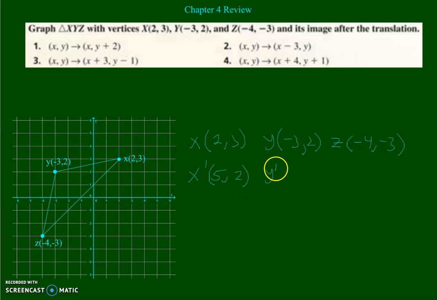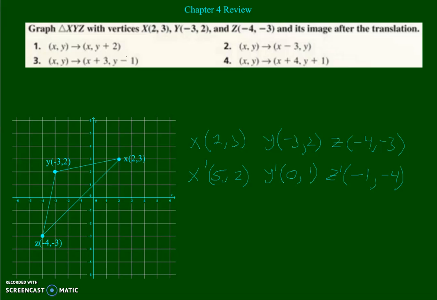Y prime, we're adding 3 to the x, so negative 3 plus 3 is 0, and subtracting 1 from the y, 1. Z prime, adding 3 to the x, so negative 1, and subtracting 1 from the y. So we're at negative 3, going further negative, negative 4.